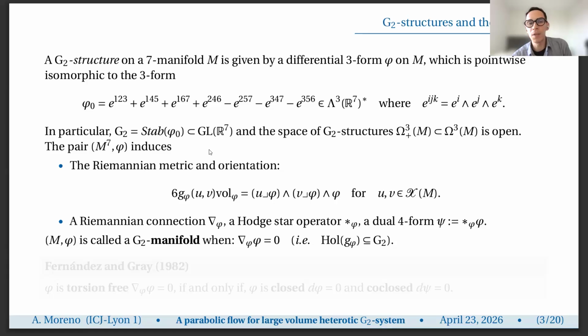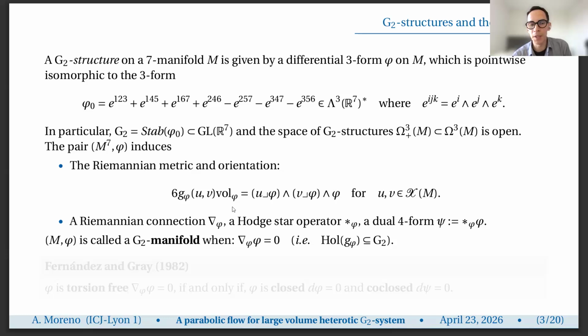The nice thing in this kind of geometry is that when you have this 3-form phi, you can recover all the Riemannian geometry of your manifold. You can describe the Riemannian metric and the orientation in a nonlinear way, given by this relation.